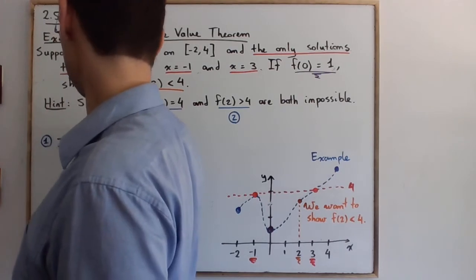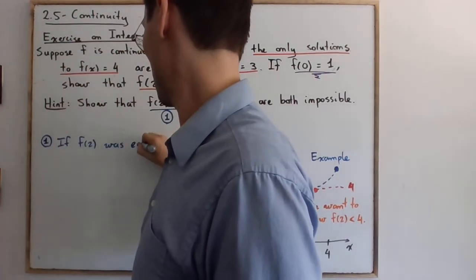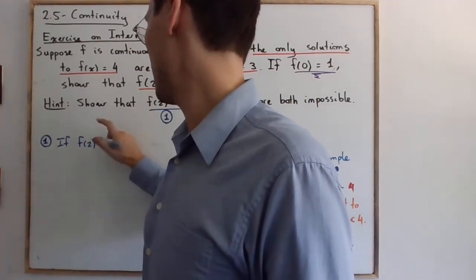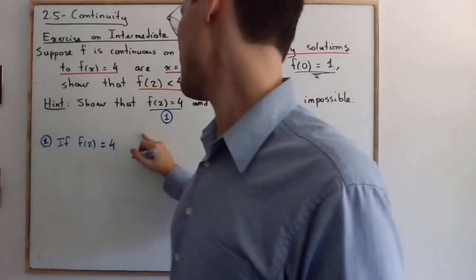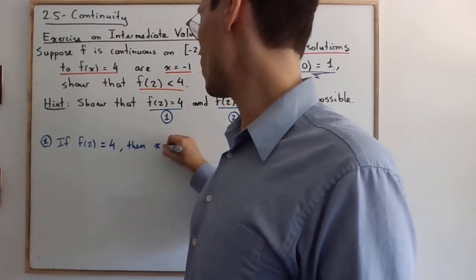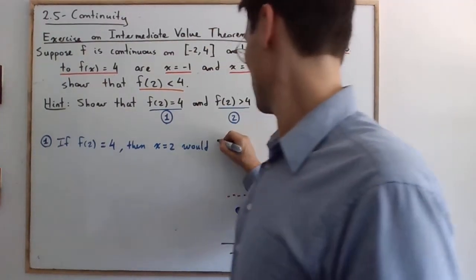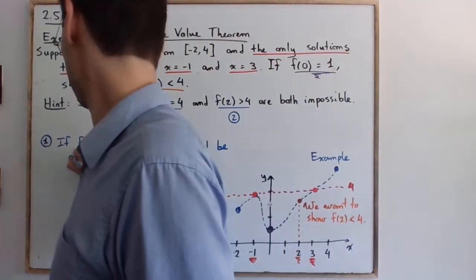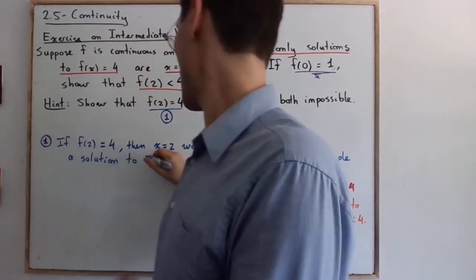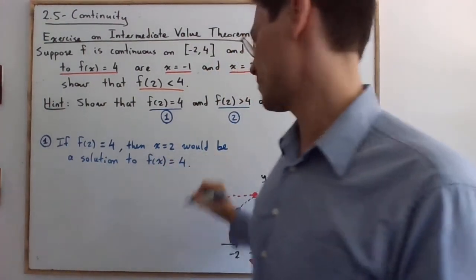If f of 2 was equal to 4, or actually, I will just say it like this. If f of 2 is equal to 4, then x equals 2 would be a solution to f of x is equal to 4.